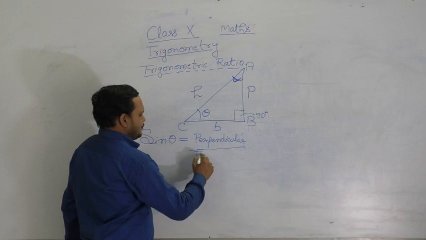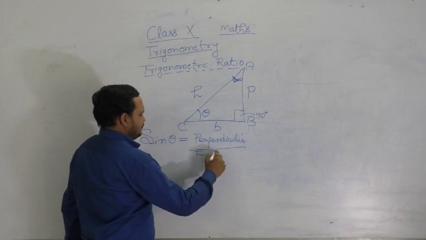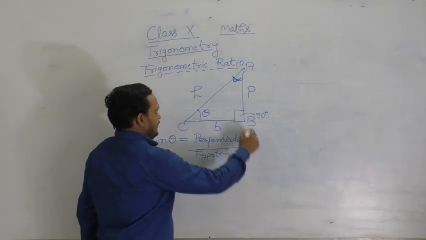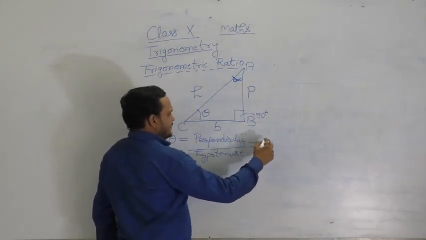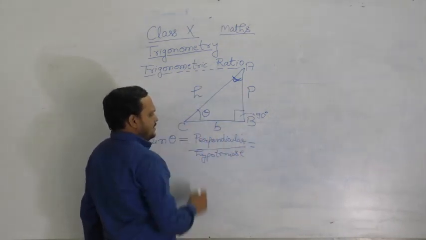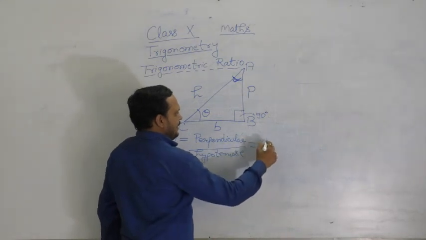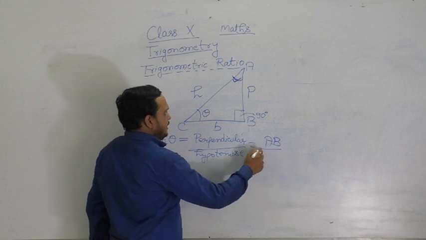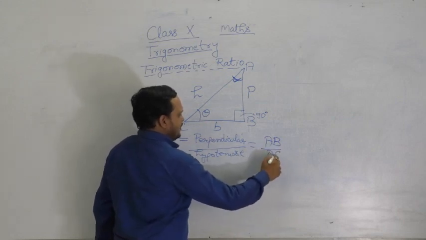In this triangle, on the basis of angle C, the perpendicular is AB and the hypotenuse is AC.